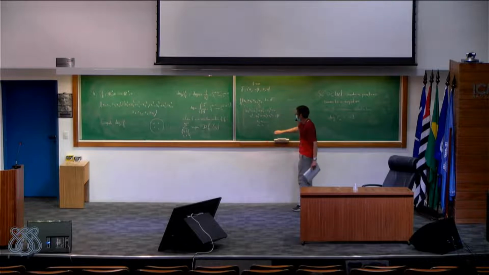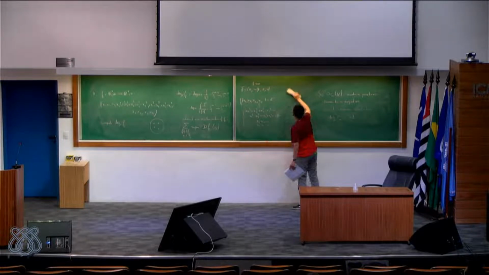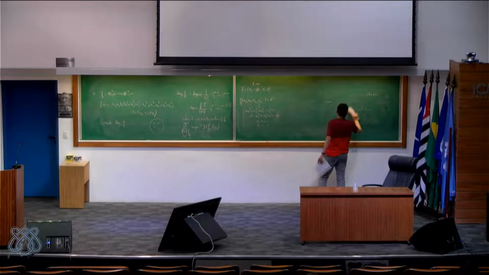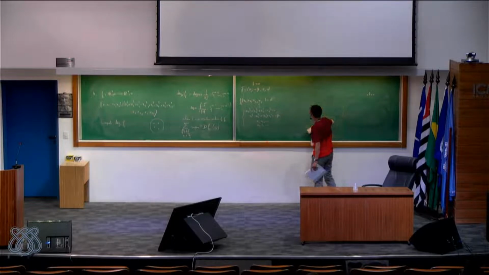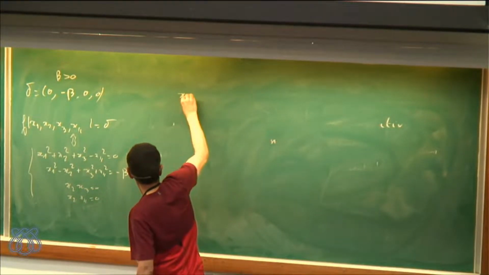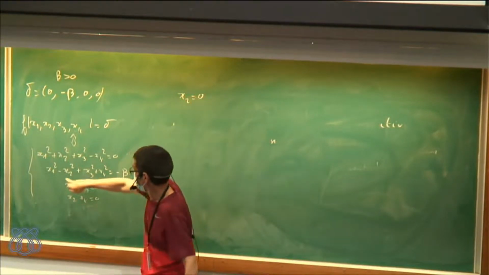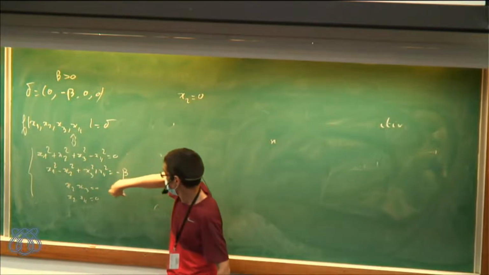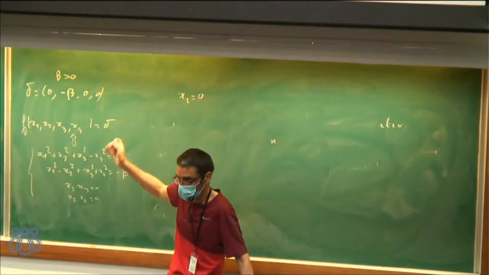Here we have two cases. First case, x2 is 0. Then this is positive and this is strictly negative, so it's not possible.